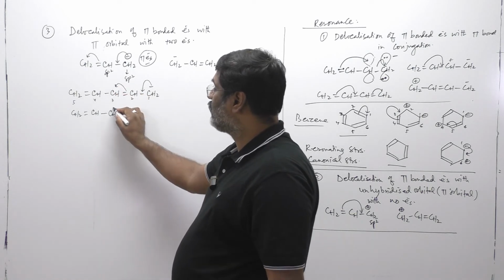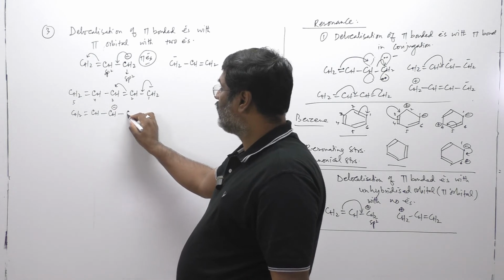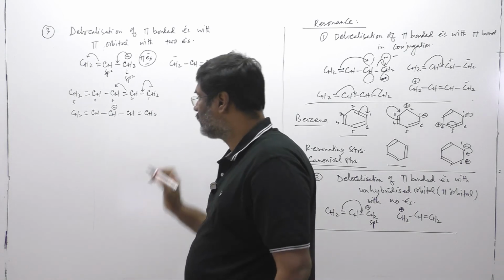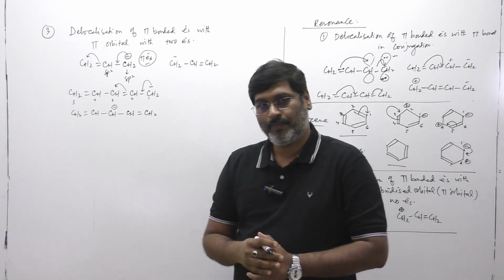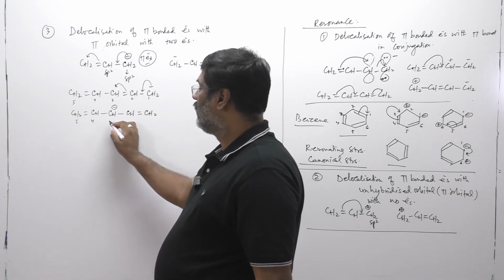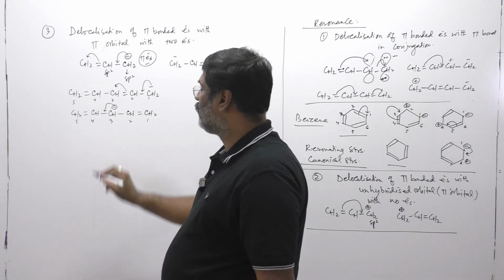So this third carbon will be having non-negative charge. So now this second carbon atom is ready to form pi bond with this first one. Yes, it is ready now. This third carbon atom is now again giving its electrons to this fourth one.